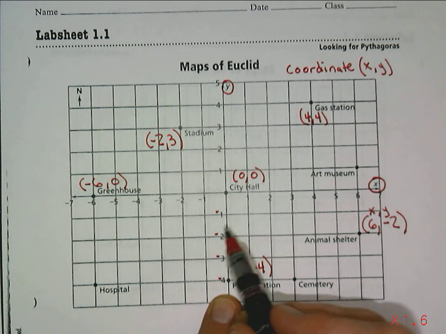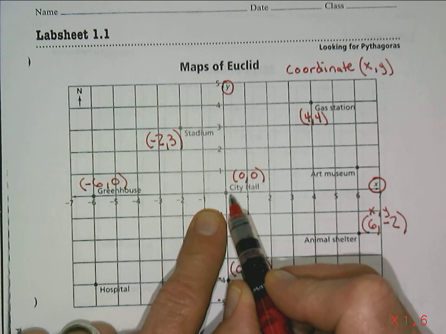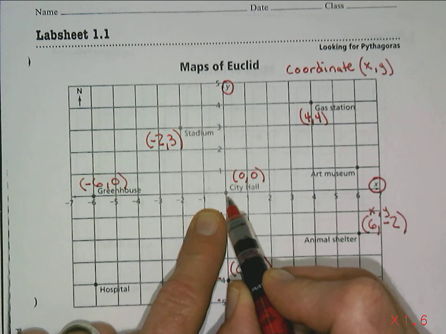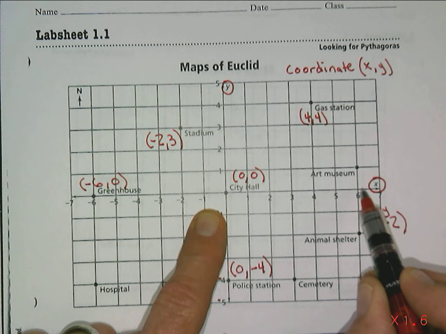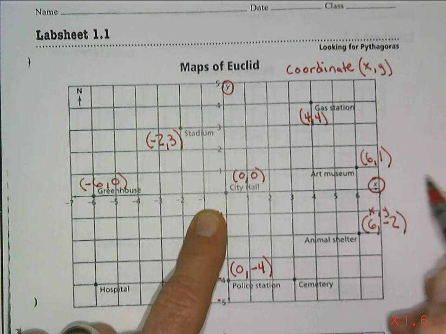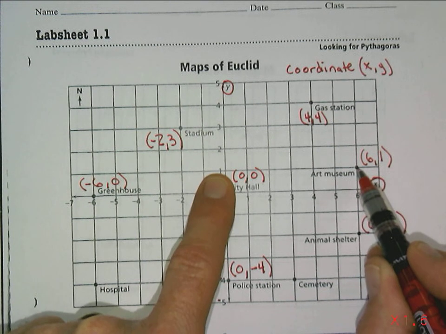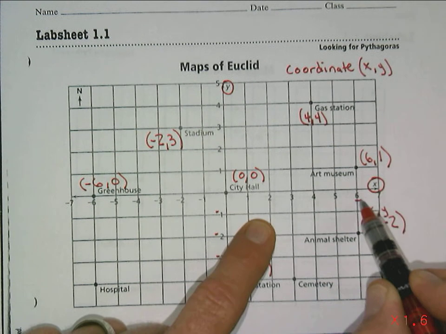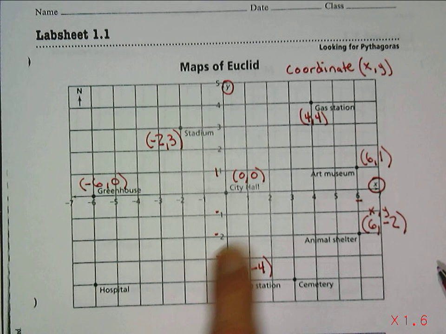A couple other spots on here, we'll go ahead and find them all since we're using this as practice to find coordinates. So if I go over to the art museum now, I have to go over 6 and then up 1, so my x is 6 and y is 1. So you see the x is 6 and the y is 1 for the coordinates for the art museum.